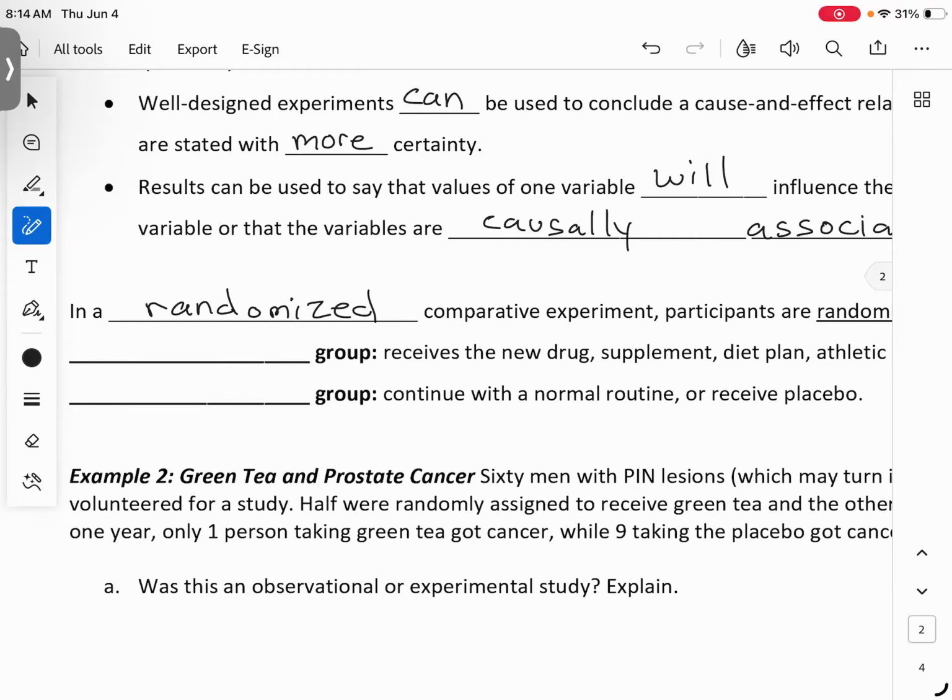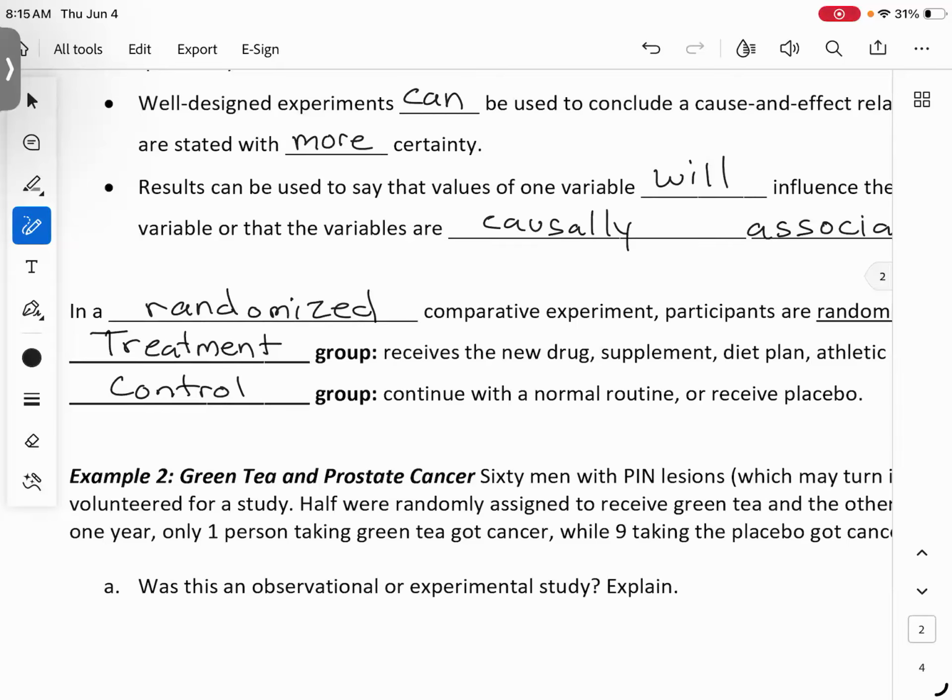There are other types of study designs out there, but we're going to be doing more of the comparative study. Is there a difference between what's happening in group A versus group B? The two groups are known as the treatment group and the control group. The treatment group is the one getting the special something. I want to see whether students who do this are going to be more successful in the class.